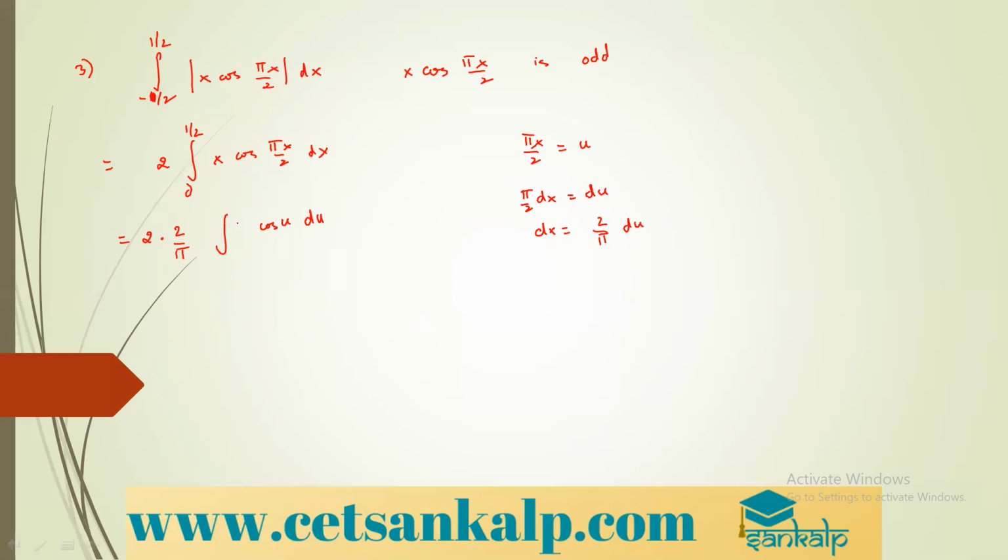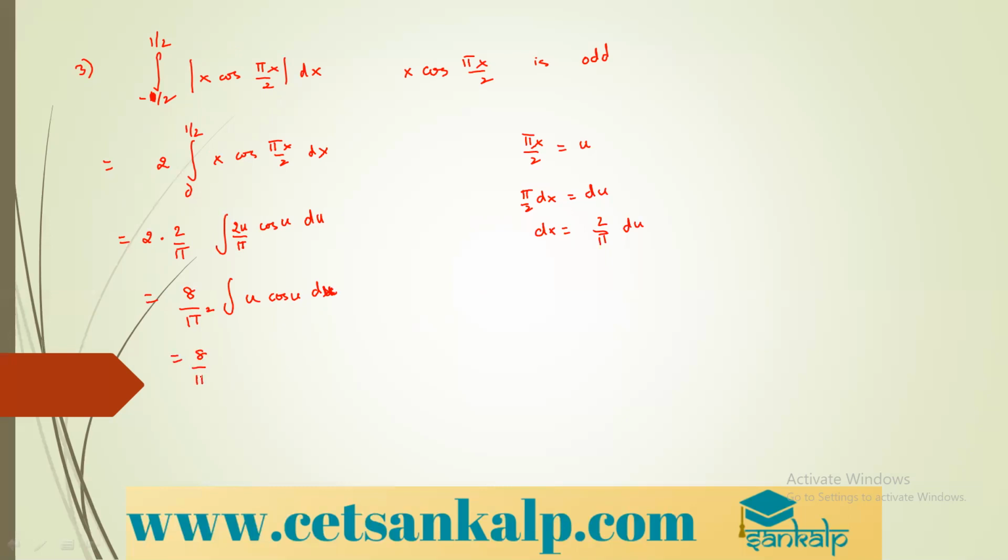And x can be written as 2u by pi. So this will become 8 by pi square integral u cos u du. You can use integration by parts.